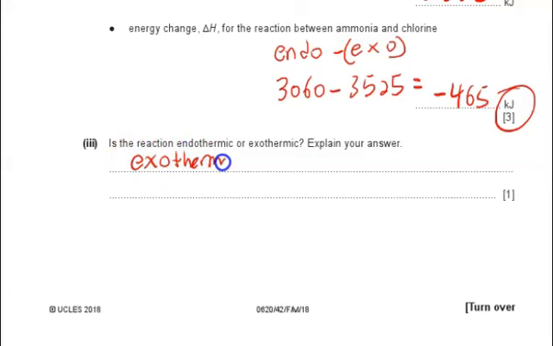Ammonia is a reducing agent, so it means ammonia should be oxidized. The reducing agent must be oxidized. So we look at ammonia here. You can see nitrogen in ammonia is oxidized.